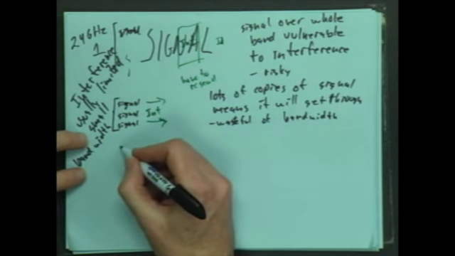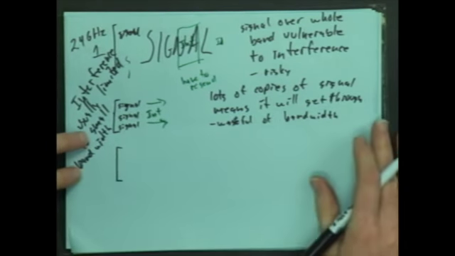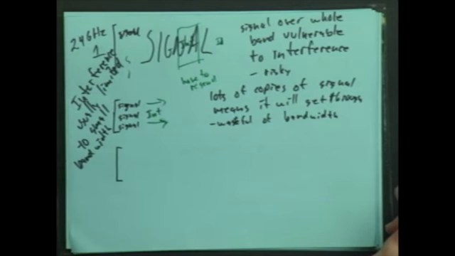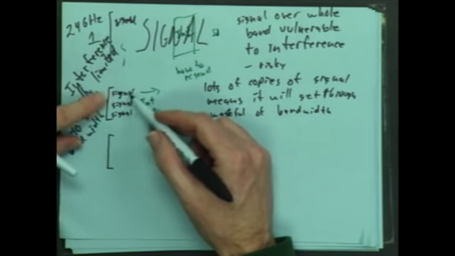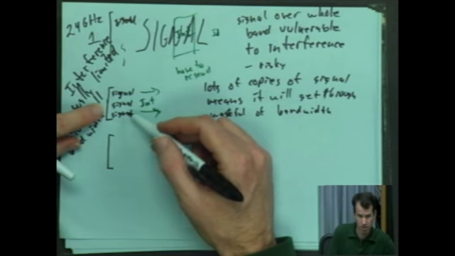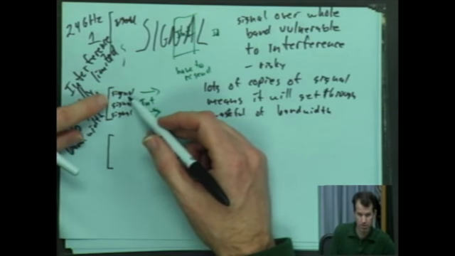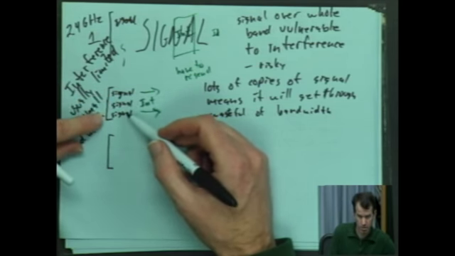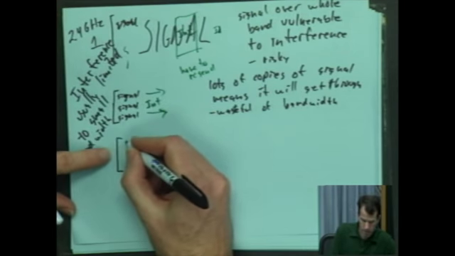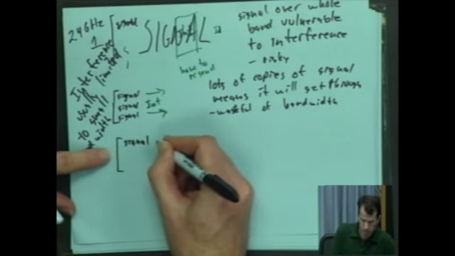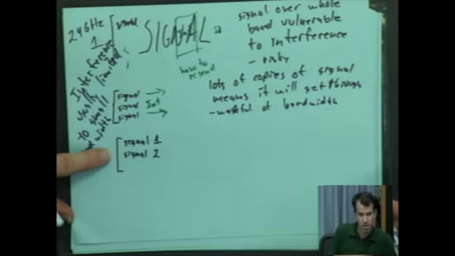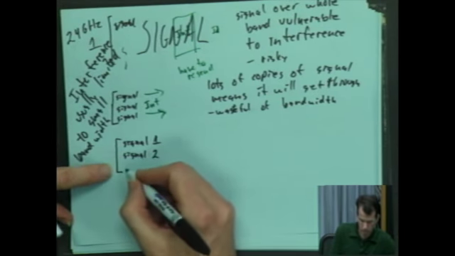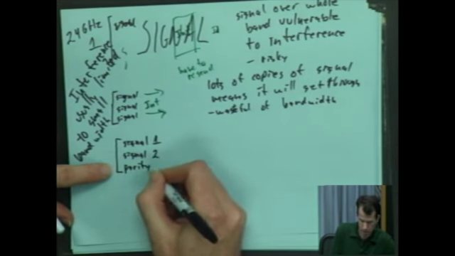The current technique we use, those of you that are familiar with RAID on your hard disk, has anyone heard of RAID on a hard disk? So this technique here would be like mirrored discs. You see that? So I got the same signal going over a bunch of different frequencies. The current technique is they have two separate signals, so I'll put signal 1, and then they have what's called parity.